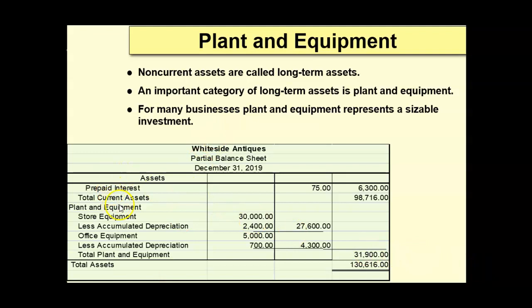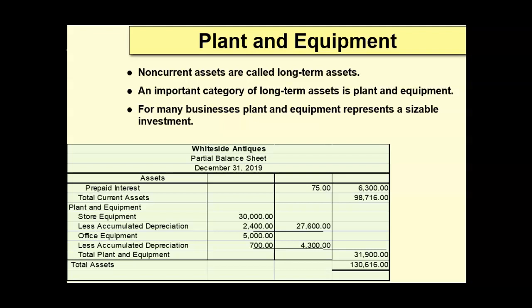So you think about your equipment accounts, your machinery, your automobiles, building, land. Most of these accounts go through a process known as depreciation. So next to each of these plant asset accounts, they'll have a sub-account known as accumulated depreciation, which is subtracted from the original cost to determine the current book value for these plant and equipment assets.